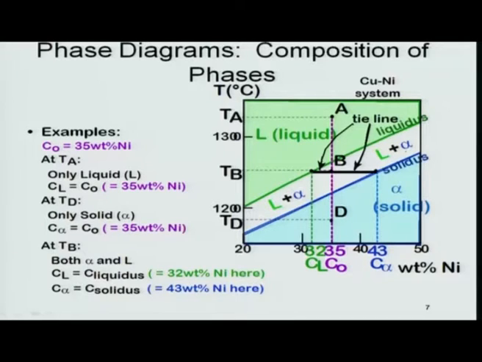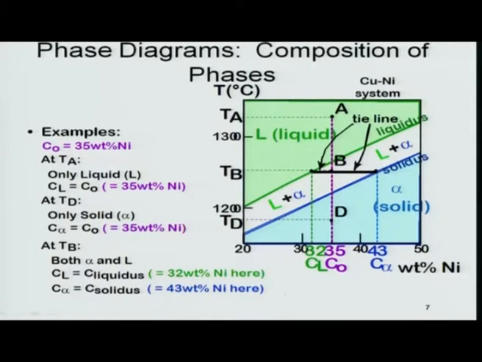What I do is draw a horizontal line parallel to the x-axis or compositional axis at a particular temperature Tb, and this line is drawn here like a black one, connecting the liquid and the solid phases, or the liquidus and the solidus. So therefore this is a tie line you can consider, because it ties the liquidus and solidus, and one end of the line connects the liquid to the other end, which is the solid alpha.